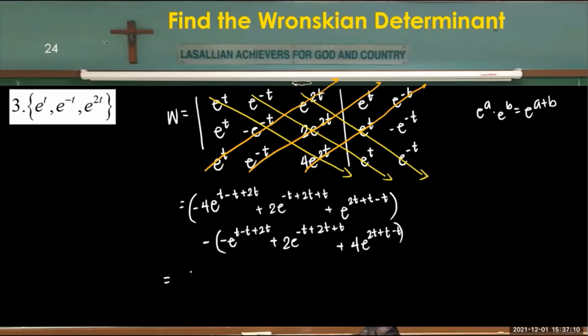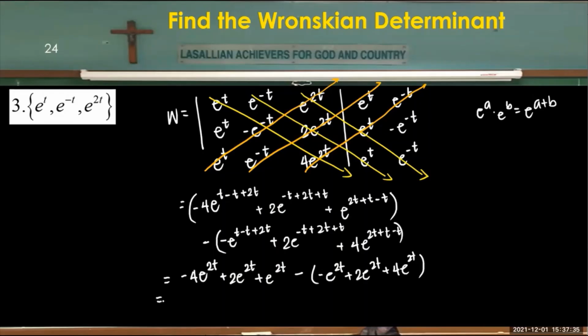All right, let's fix how it's written. 4e to the 2t plus 2e to the 2t plus e to the 2t, minus negative e to the 2t plus 2e to the 2t plus 4e to the 2t.